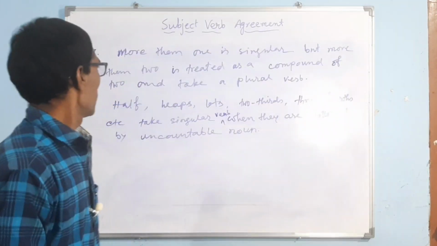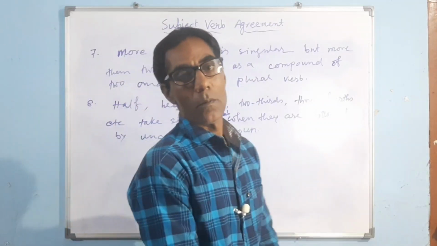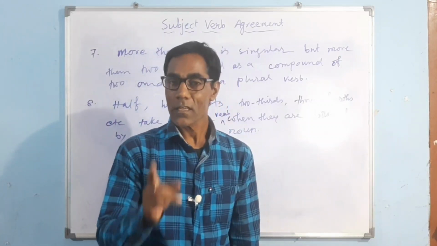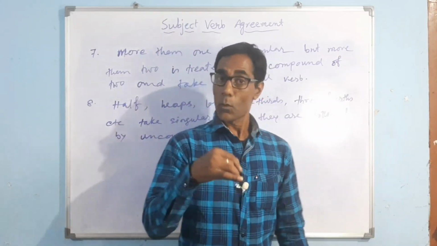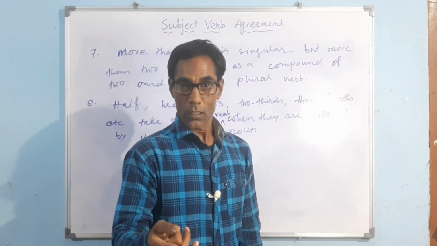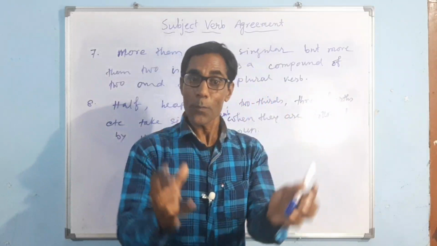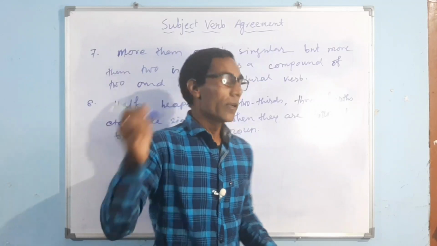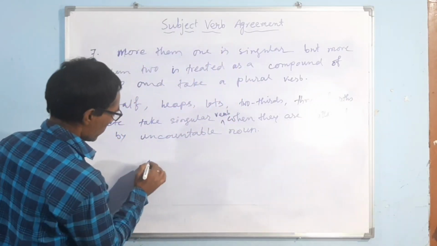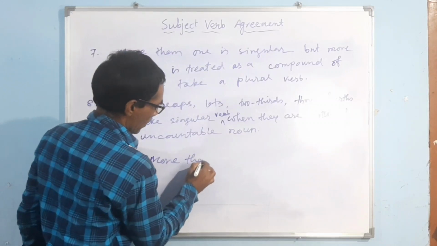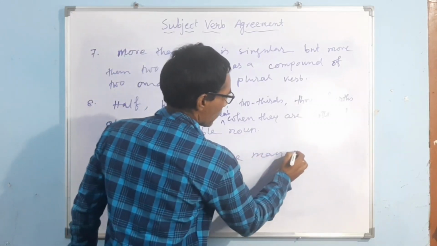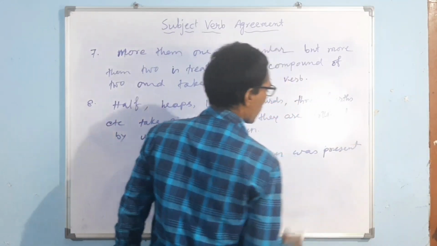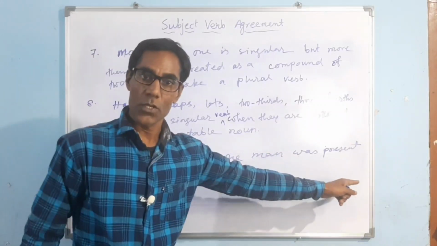Got it? More than one is singular and therefore takes a singular verb. But more than two, more than three is treated as a compound of two or three. Therefore, a plural verb is used. Let's see one example: more than one man was present in the meeting.